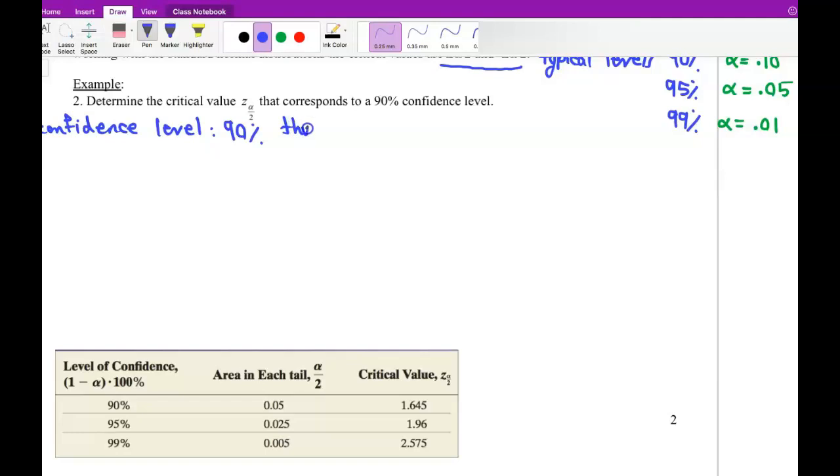So using that one, alpha is 10%. Now finding the critical value z alpha divided by 2.